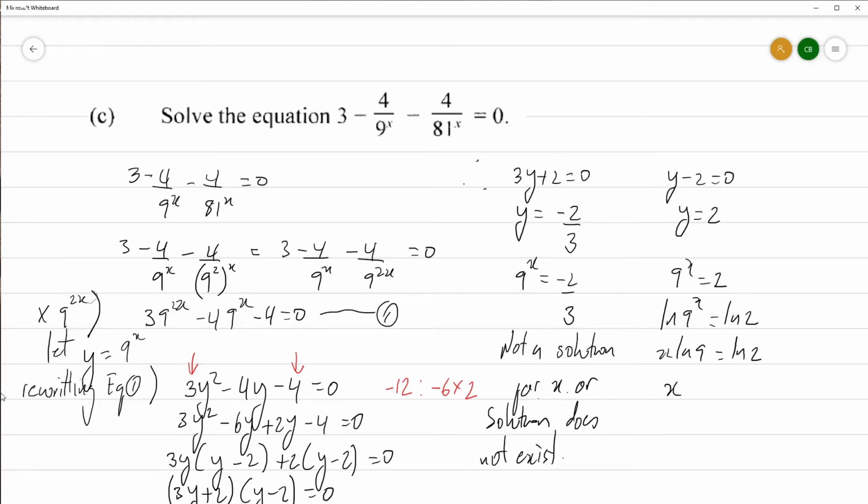So therefore x is ln 2 over ln 9. That is my answer for x. I would be tempted to leave that answer here in this form, but if you want an exact answer for this, I believe it's 0.315 to 3 decimal places.